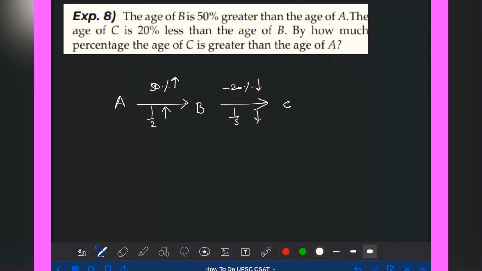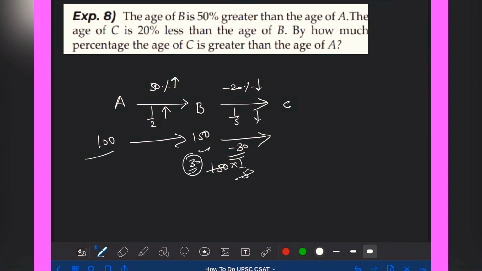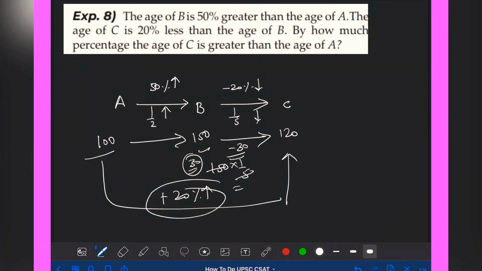So if we assume this is 100, 50% increase means 150, and then 20% decrease, that means minus 30. 1 by 5. So this is how we come to minus 30. Plus 150, minus 30, 120. So there is a difference of 20. So actually 20% increase than the age of A.